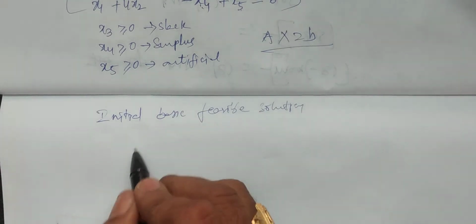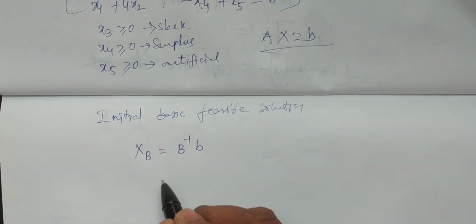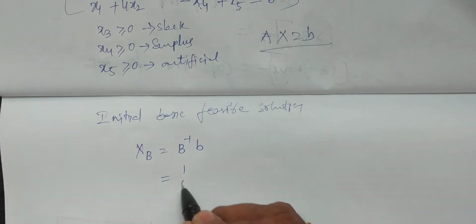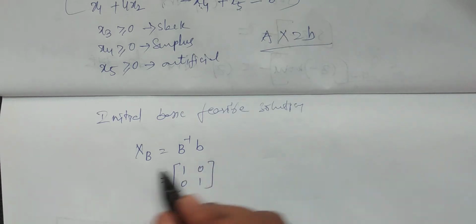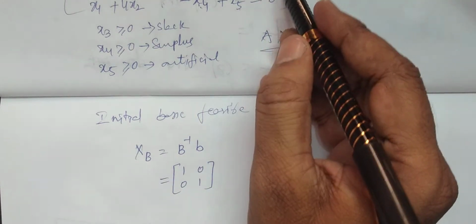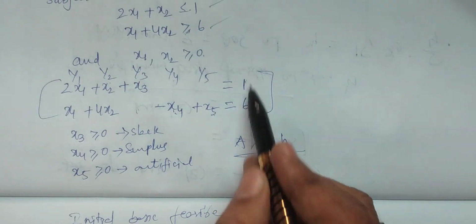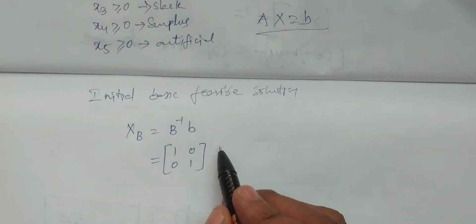This is in the form xB equals B inverse b. This is the initial basic feasible solution formula. B is 1 0 0 1, the basis, and the inverse is the same, and small b is the right hand side constant matrix 1 6. So it is 1 and 6.